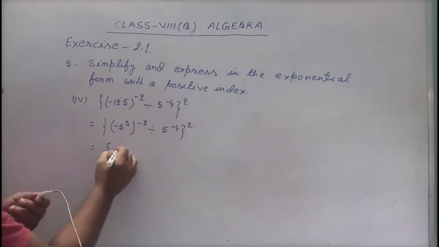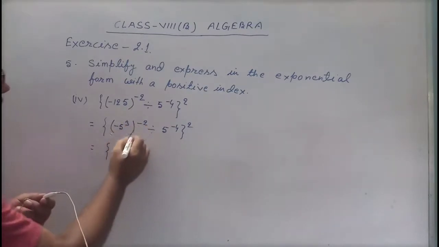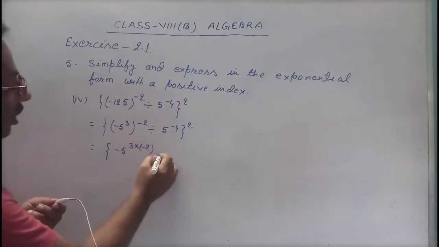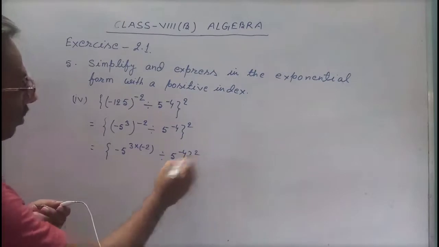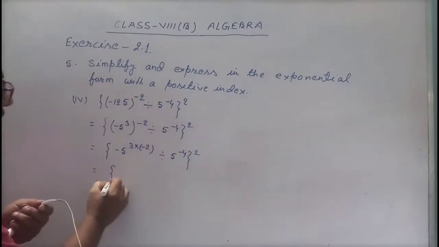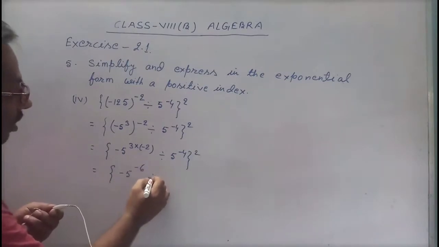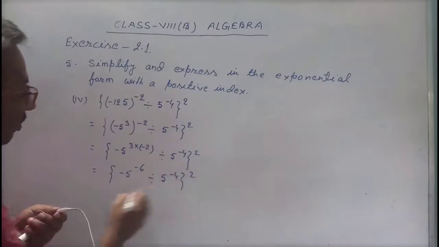So this is minus 5 and 3 into minus 2, and divided by 5 to the power minus 4 whole square. This is minus 5 to the power minus 6 divided by 5 to the power minus 4 whole square.